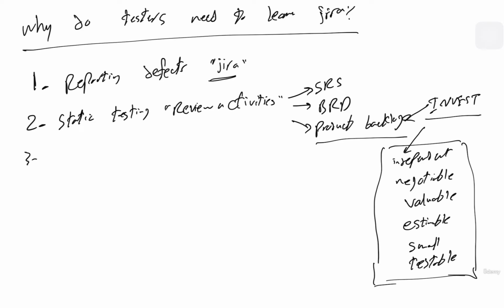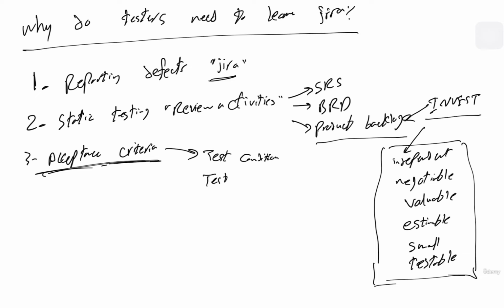Another thing is that in many companies, writing the acceptance criteria for the user story is the responsibility of the software tester. In this case, you should go to each user story and write the acceptance criteria for this user story. And in this case, the acceptance criteria is considered as a test condition or a test scenario.